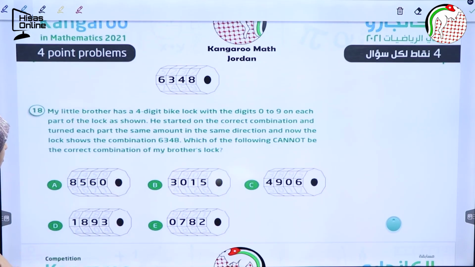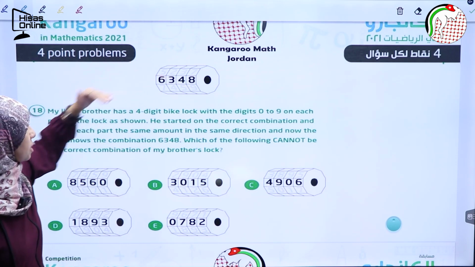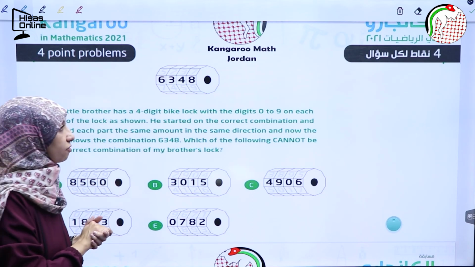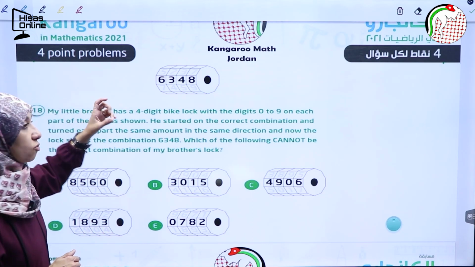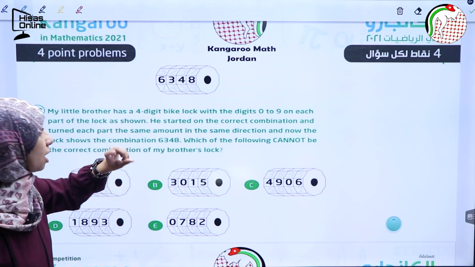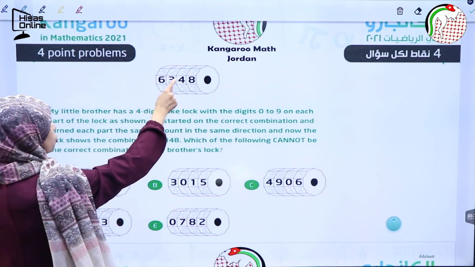Now, since it was 6 or it was 8 and reached 6, you can add or subtract. You may have the same result, but we need to make sure that we are moving the same amount in each part.